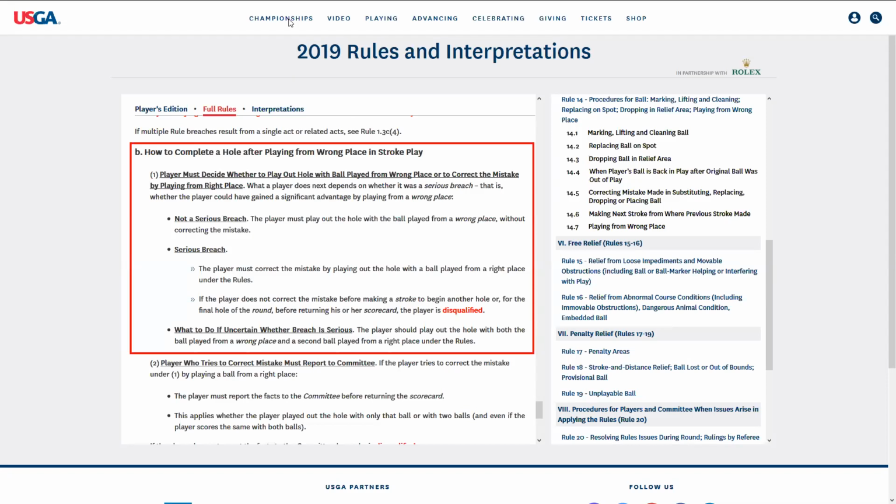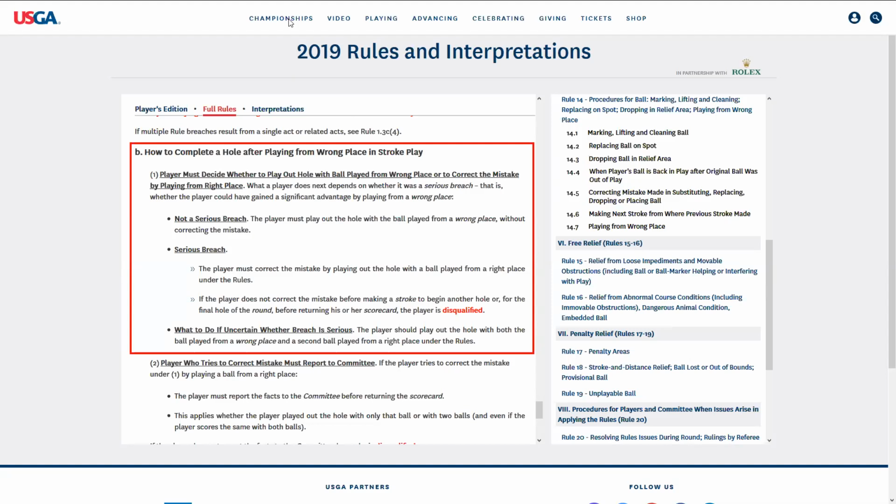Serious breach. Well, let me take this example. So you drop the ball from the cart path, it rolls outside the relief area, you play the ball as it lies, and you happen to stub the ball and it goes about 10 feet. And then the person you're playing with says, geez, you played from a wrong place, you've got to correct that. So you pick the ball up, you go back, you drop it in the correct area, in the relief area, and the ball stays in the relief area.